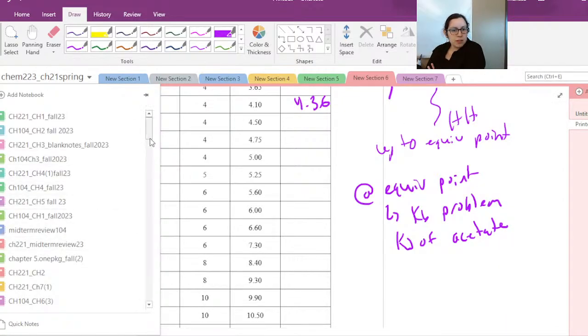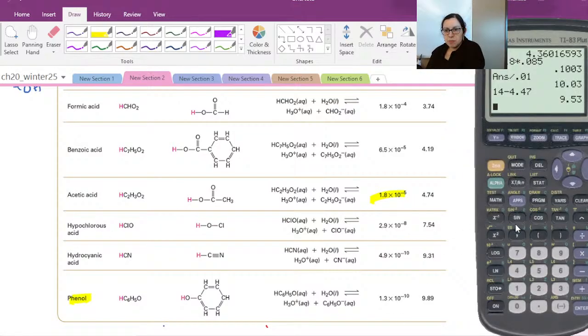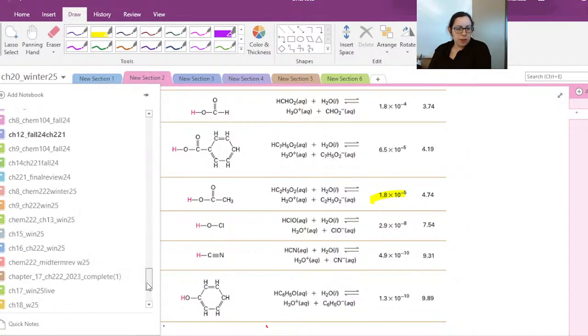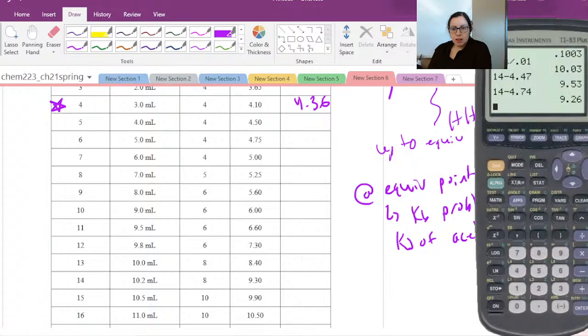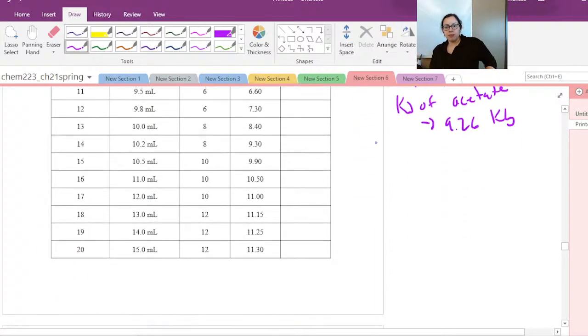Did I dyslexic those numbers? Yeah, I did. You guys gotta help me out. 14 minus 4.74. There we go. So there's your pKb, 9.26. And so you can use that to calculate your pH at your equivalence point. And then afterwards, after equivalence point, you're just figuring out how much hydroxide is in excess.